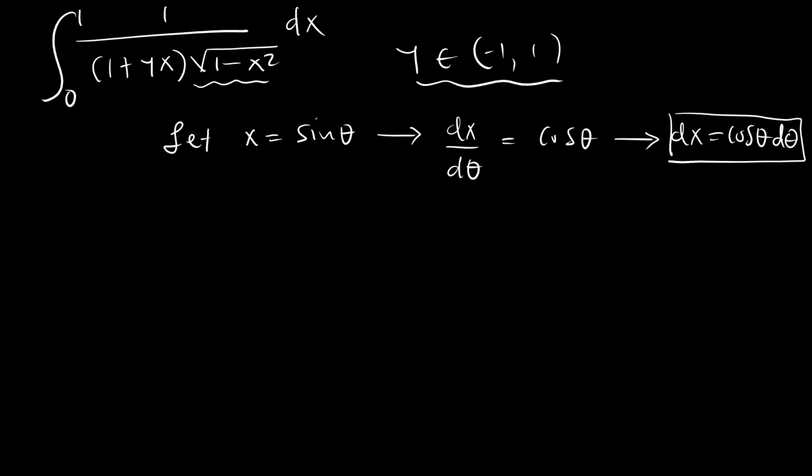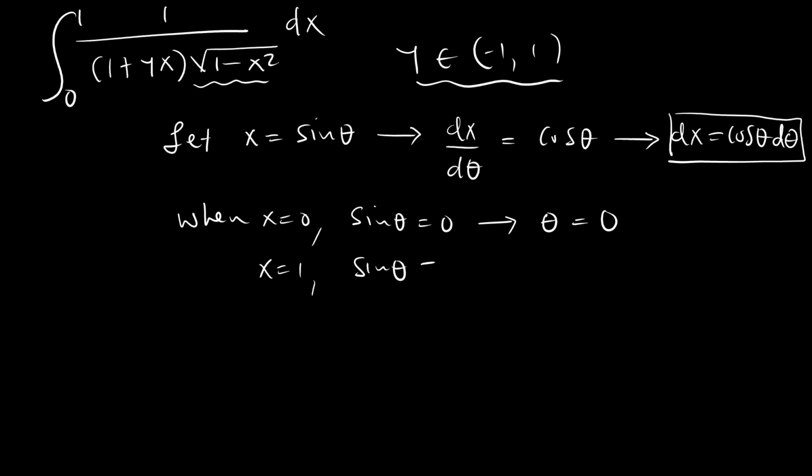Now in the interval x between 0 and 1, when x equals 0, sine theta equals 0, implying that theta is equal to 0. When x equals 1, sine theta is equal to 1, implying that theta is equal to pi over 2.